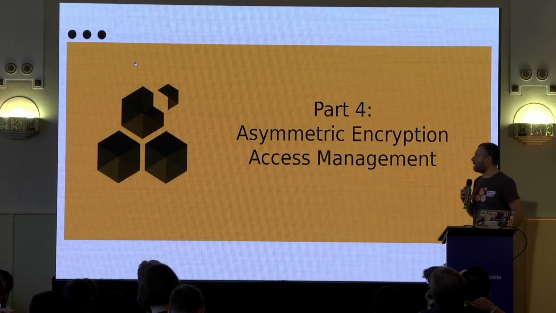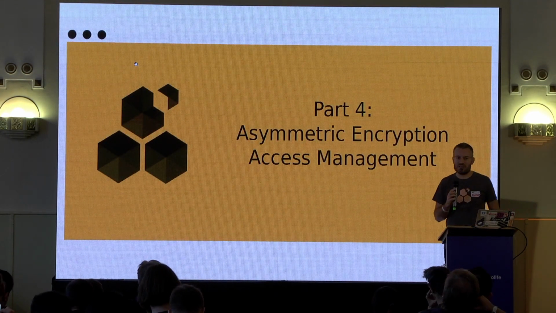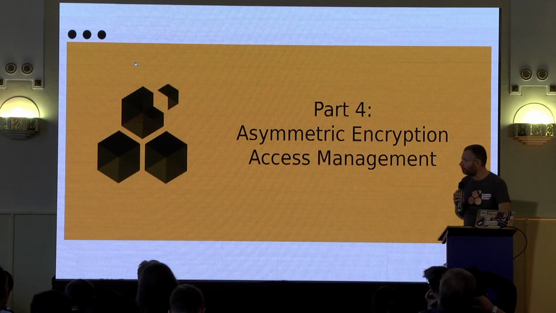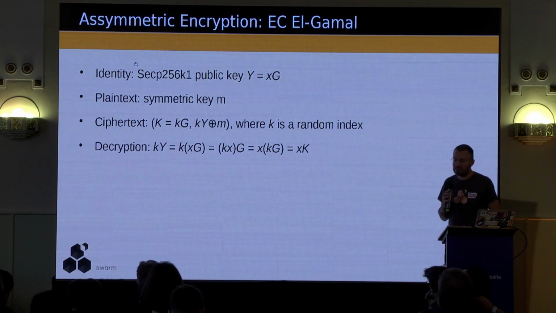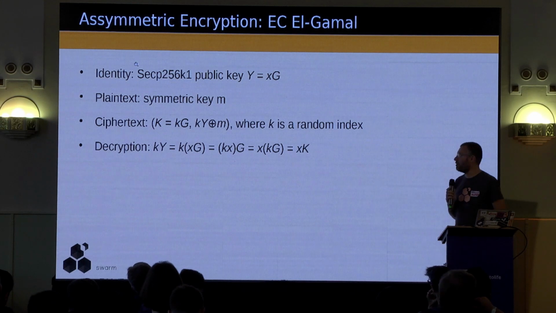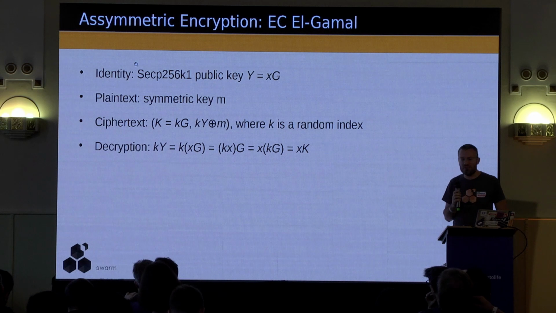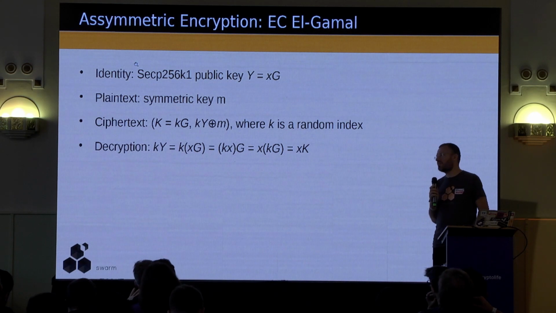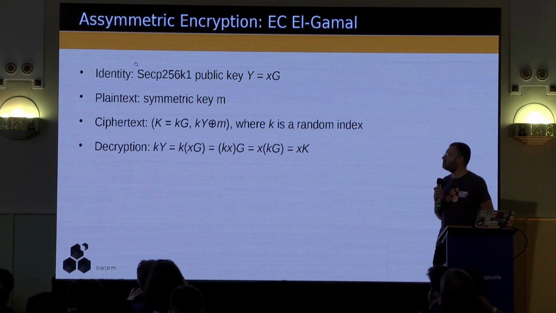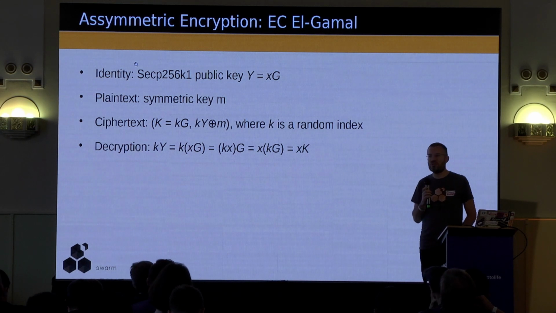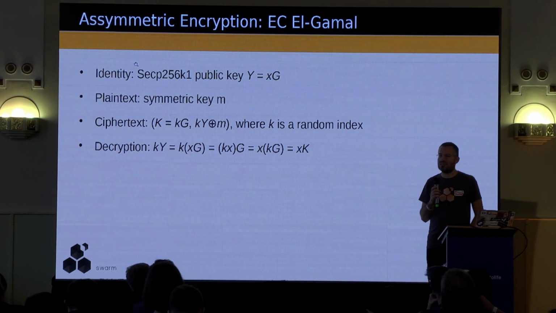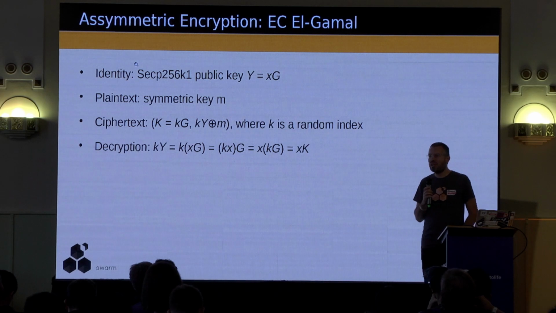And the last part, I will talk about access management and asymmetric encryption. So identity is just like in Ethereum, an elliptic curve public key. Now, this is a little bit of hand waving, so it's not just like in Ethereum, because in Ethereum, it's really enough for the identity to be an Ethereum address.